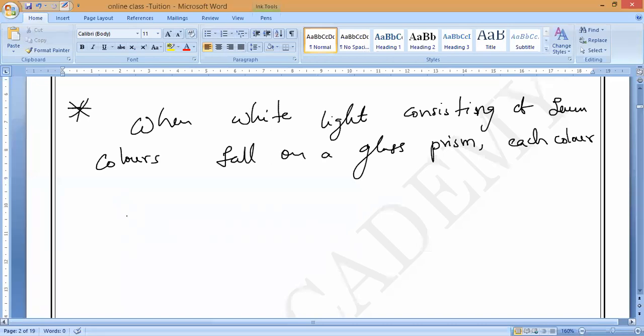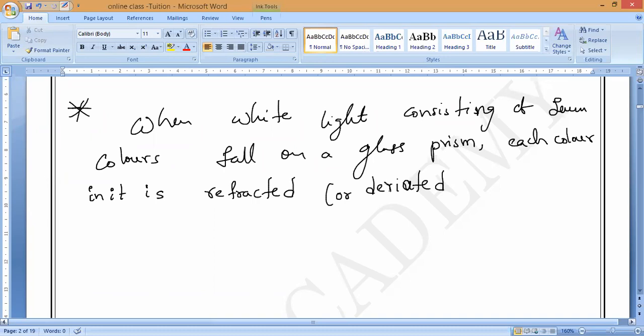Each color in the glass prism is refracted. Refracted we can also call bending of light, deviation.